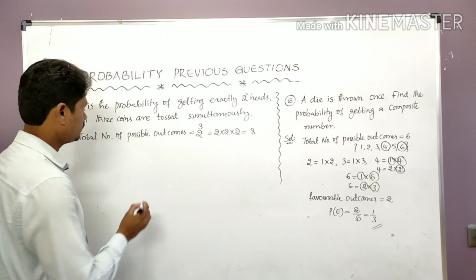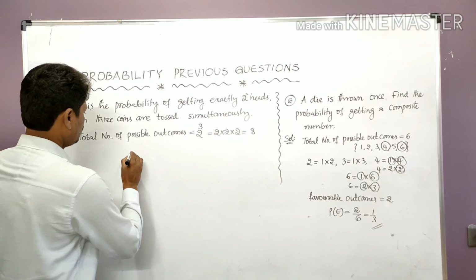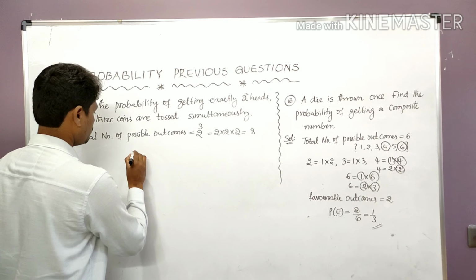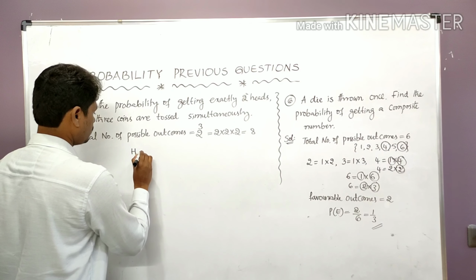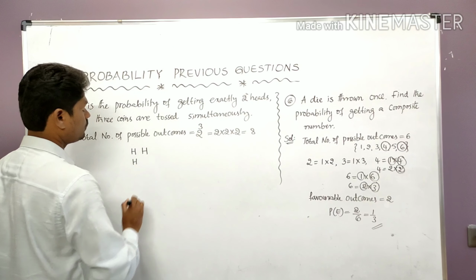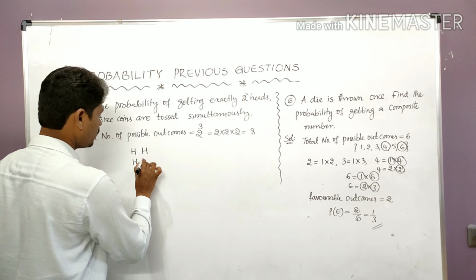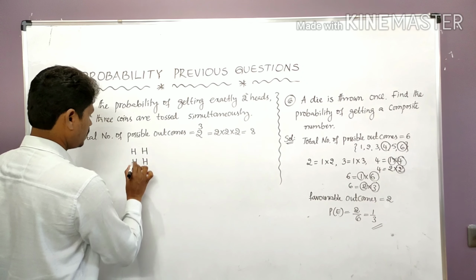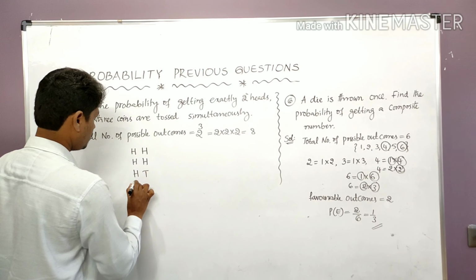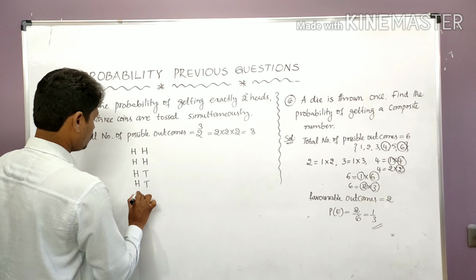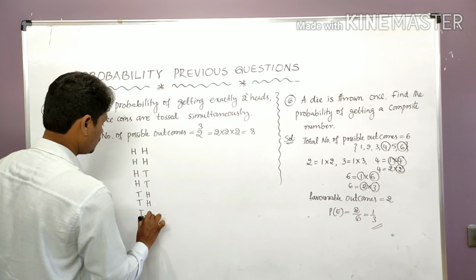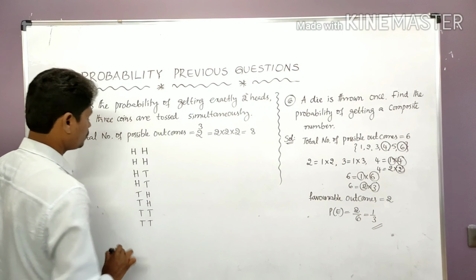If 2 coins are tossed, we know the possible outcomes: both heads, first one head and second one tail. Now here we have to write 2 times each one. Head and head, head and tail, tail and head, tail and tail.